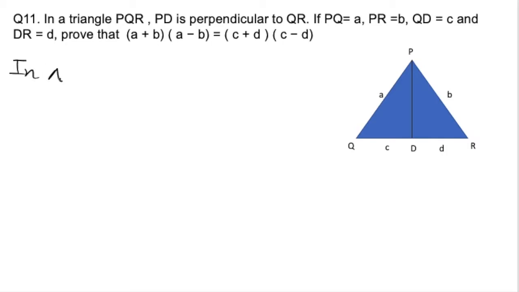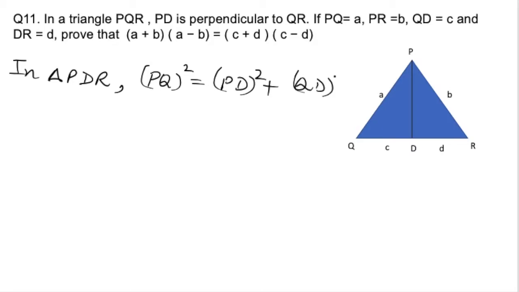So let's begin. In triangle PDQ, let's apply the Pythagoras theorem. By Pythagoras theorem, PQ square will be equal to PD square plus QD whole square. Let's put the values. PQ square, which is equal to A square, will be equal to PD square plus C square.